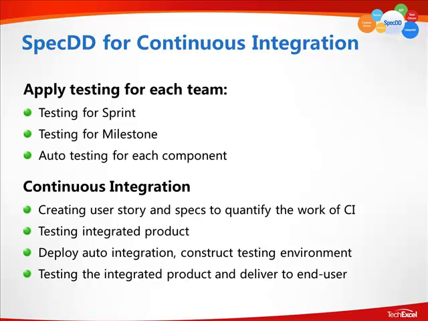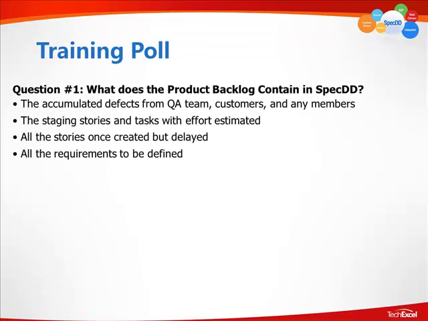So you have your one deliverable, your one working software. You deliver this to the end user through the sprint review meeting, where they can then review and accept or reject. That is our continuous integration for multiple teams, which SpecDD can definitely scale up and accommodate for.